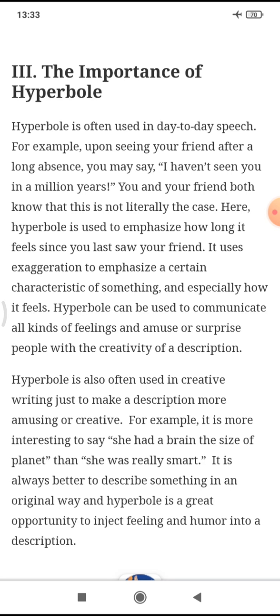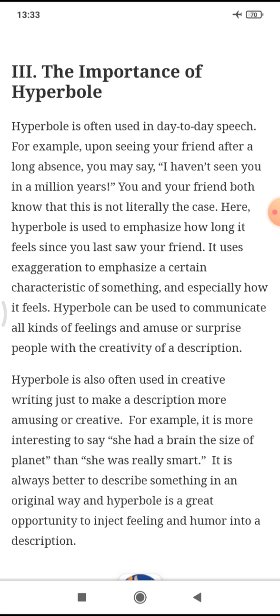That's why you say that she possessed a brain which has the size of a planet. Literally, it is not possible that a person could bear such a huge brain.